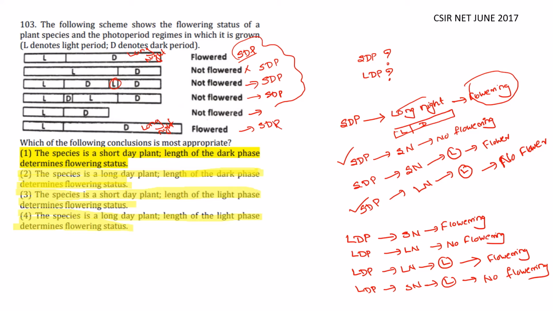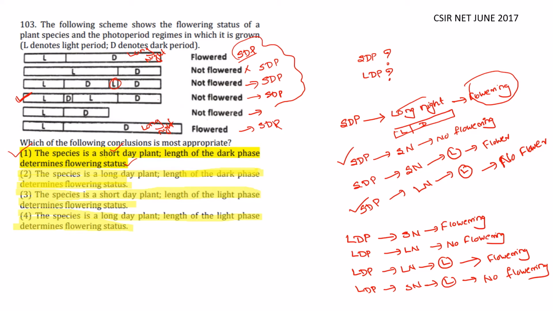From this we can say that flowering is determined by dark, not light. So the species is a short day plant. This is correct, and the length of dark phase determines flowering status is also correct. So option 1 is correct.